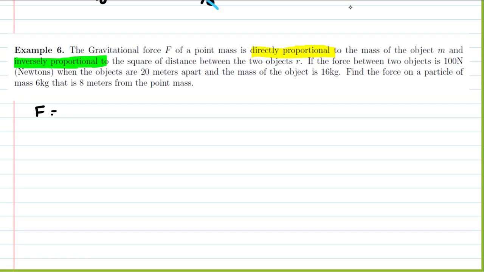So we start with F is equal to k, because that's how every proportionality problem starts. Then it's directly proportional to the mass, so that's times m, and inversely proportional to the square of the distance between the two objects, r. So we multiply by m and we divide by r. But it's not just r, it's the square of the distance, so we need to square the r.